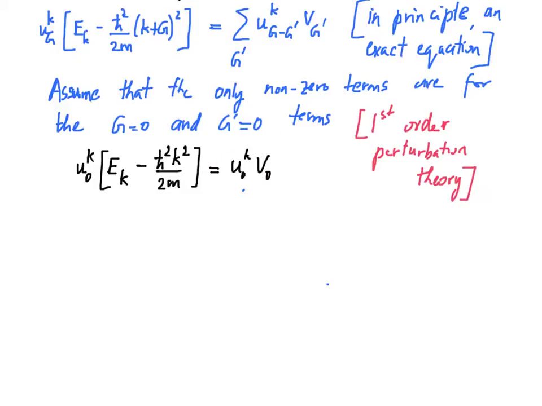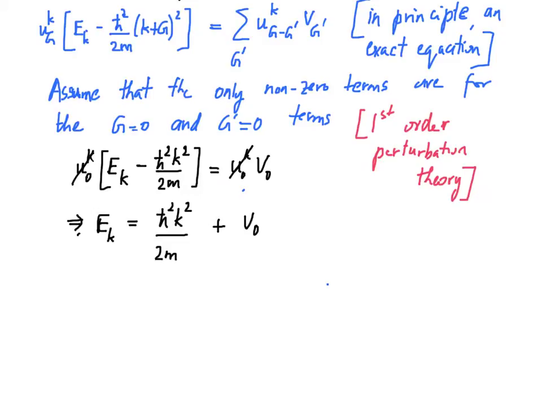So now you see that both on the left and the right hand side we have this u_k of 0, which can be cancelled out, and we get our final result. So there it is. E_k is equal to h bar squared k squared over 2m plus V naught. Note that V naught is a constant, right? It's just a number, it's a constant.